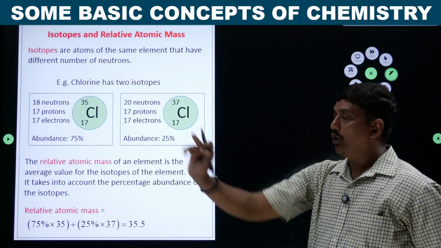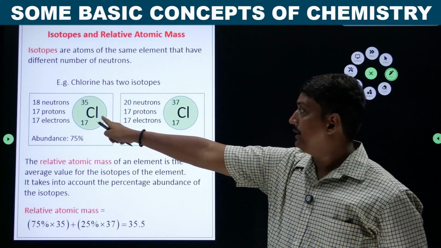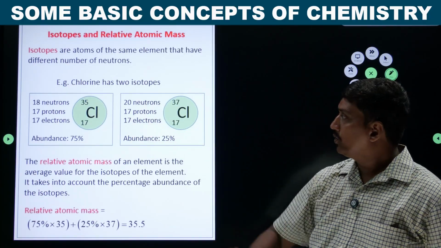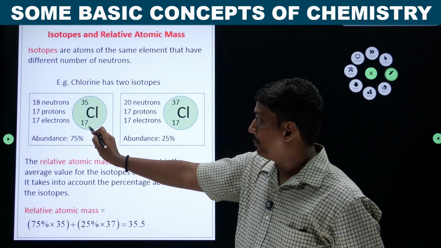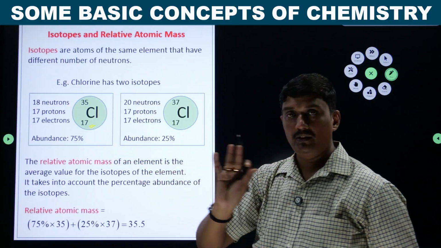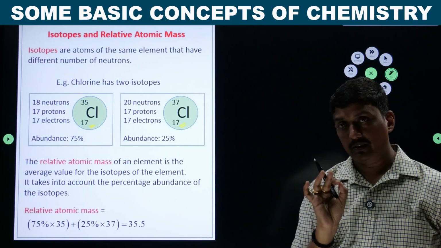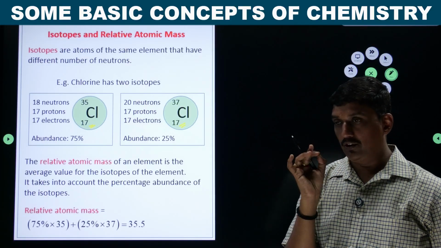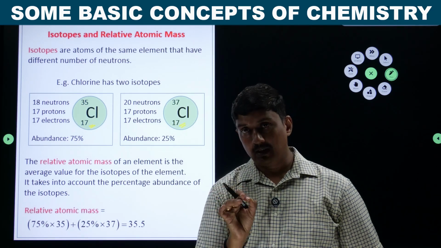Look here. I have taken chlorine. The two isotopes of chlorine are 35 and 37. What is the difference here? In chlorine 35, proton number is 17, no doubt. Chlorine 37 also, proton number is 17. As I said, as per the definition, isotopes are atoms of the same element.